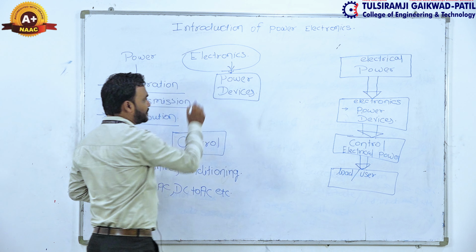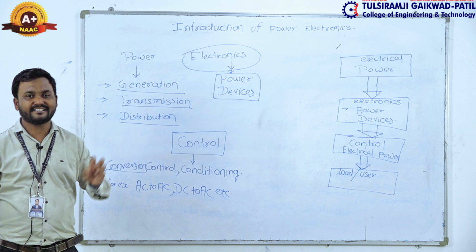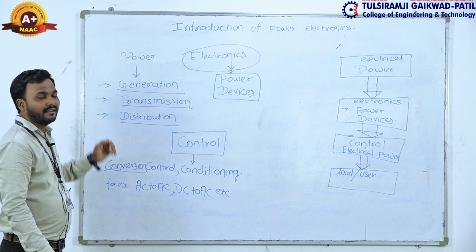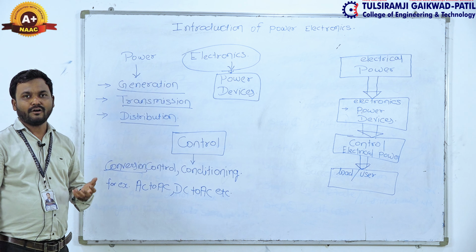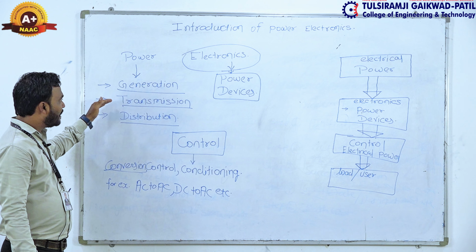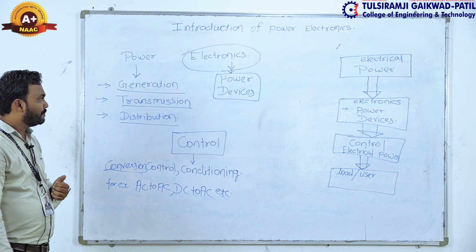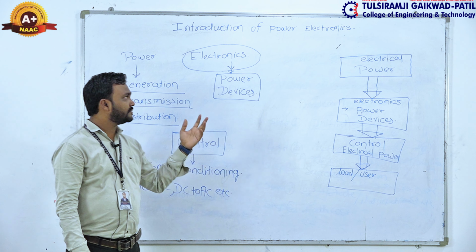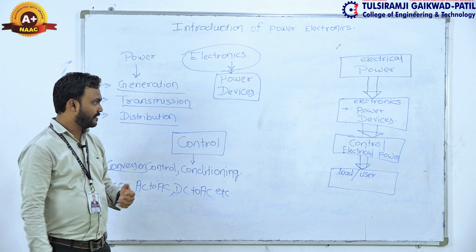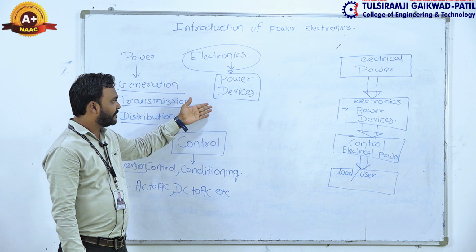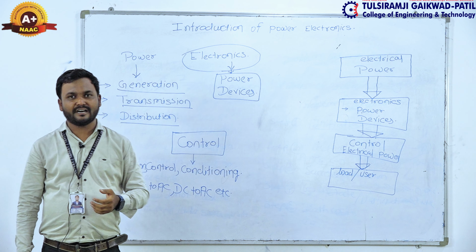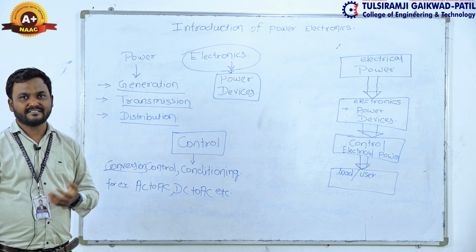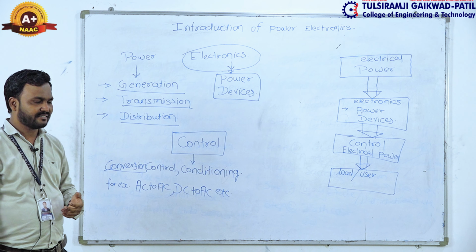With the help of these power devices, we can control, condition, or convert electrical power. We use different types of power devices in this subject, which we will understand later on. These power devices mainly consist of SCR, MOSFETs, thyristor family devices, etc.